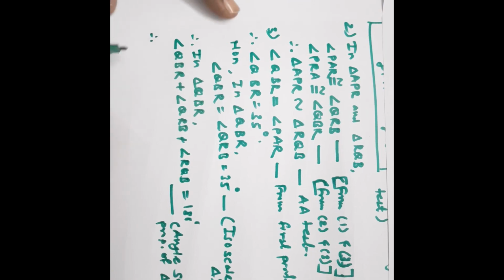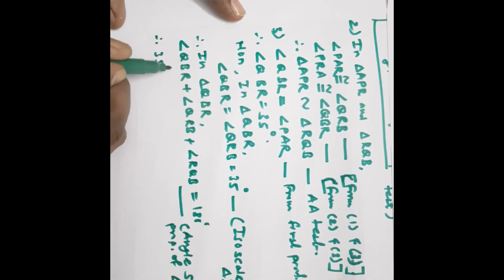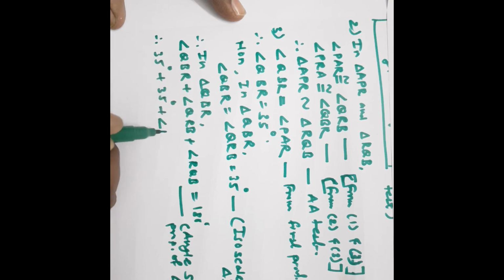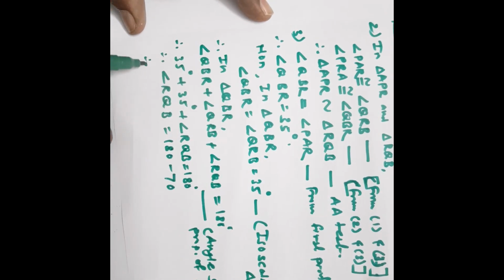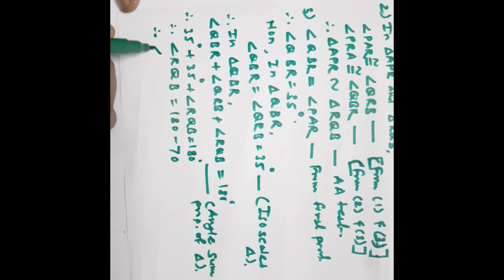Therefore, 35 plus 35 plus angle RQB is equal to 180 degrees. Therefore, angle RQB is equal to 180 minus 70. Therefore, angle RQB is equal to 110 degrees.